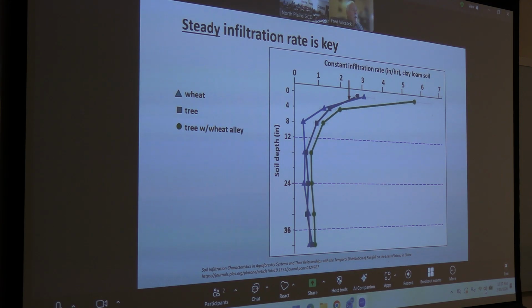We got a high infiltration rate, but as we got to depth, so once we got that first 3 inches of moisture in there, the infiltration rate slowed down. Once we saturated this top 3 inches, that water had to sort of be pushed down into the next 3 inches to make room for some more water.